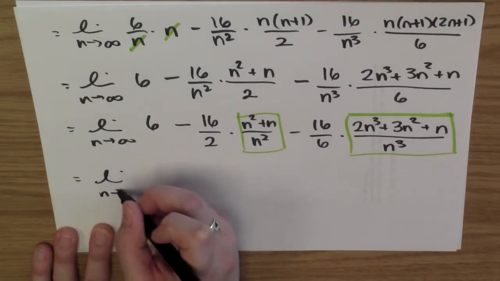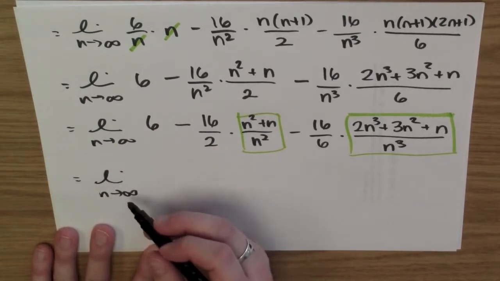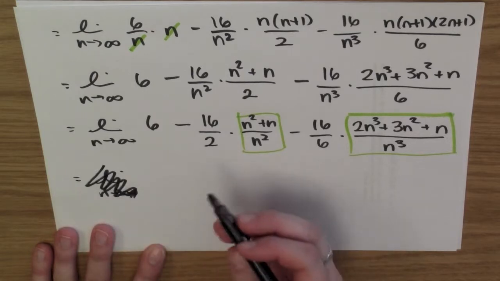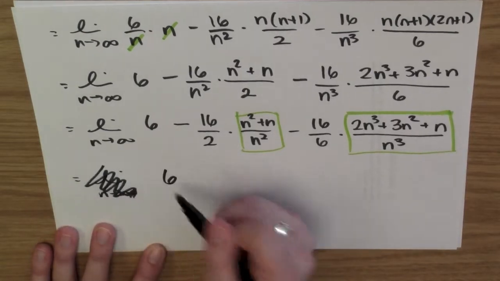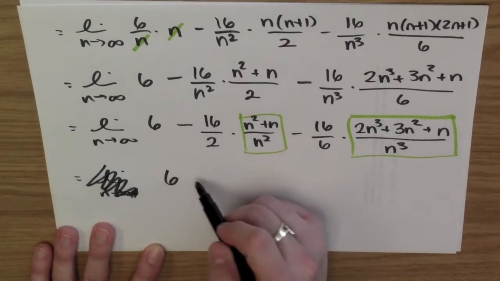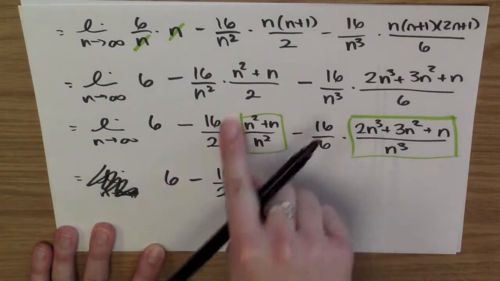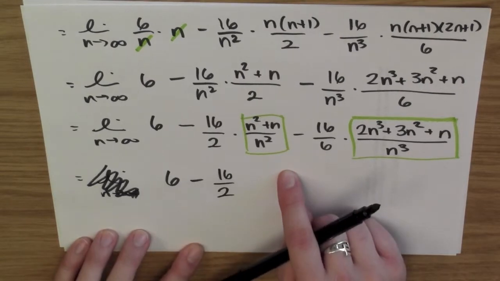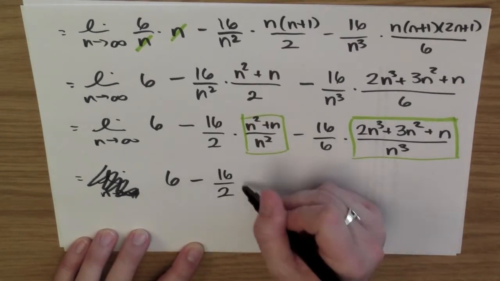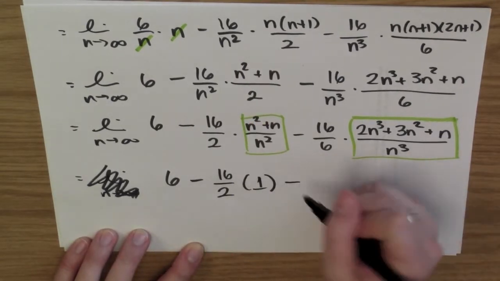So I got, limit as n goes to infinity of this, now I'm taking the limit, so I don't need that. The limit as n goes to infinity of 6 is just 6. Here I have a constant, 16 over 2, and I take the limit of this term, the first green box, and since it's n squared over n squared, the limit is 1.